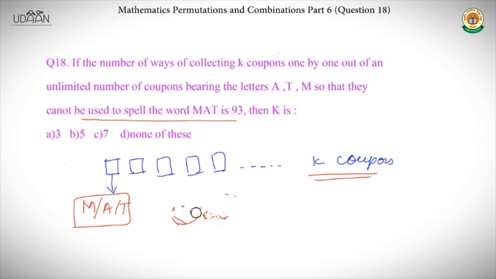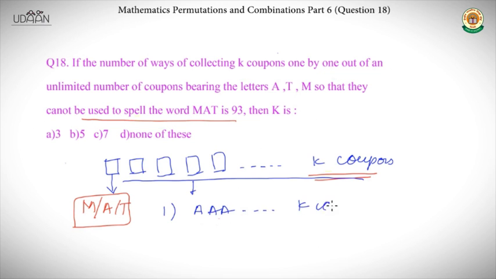What are the ways in which we cannot spell MAT? Let us consider the first case. The first case can be that when I selected k coupons, all of the k coupons were A's. So in this case we will not be able to spell MAT. Exactly, because we don't have M, nor do we have T, so we cannot spell MAT.